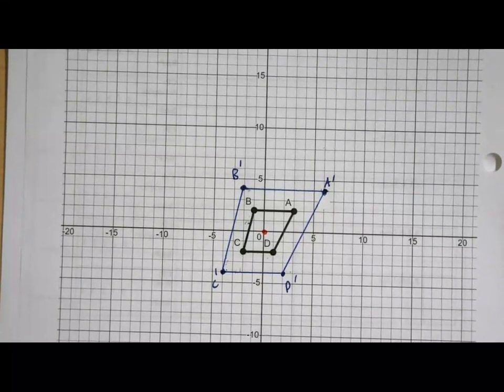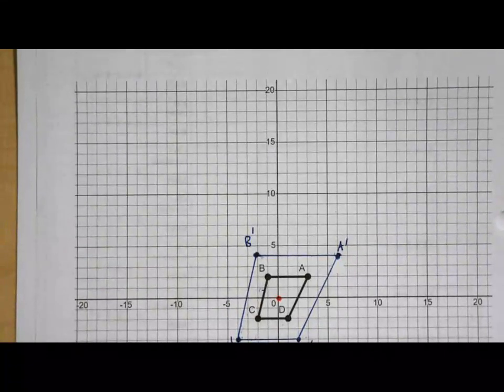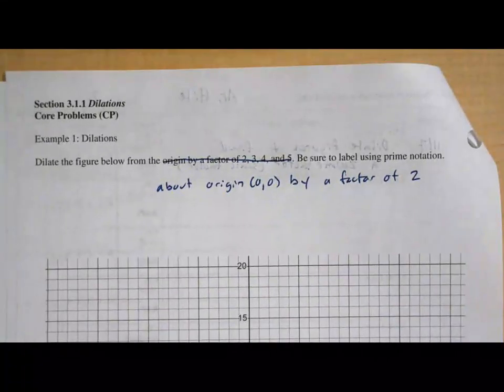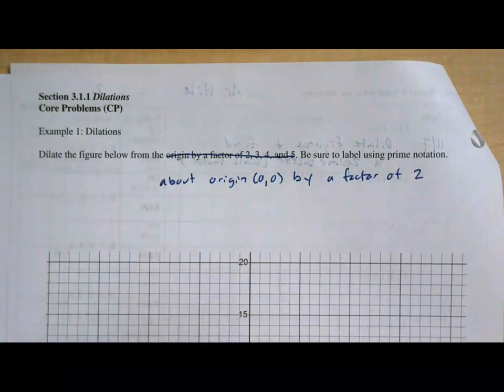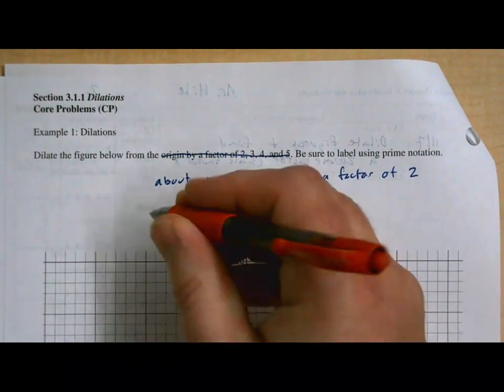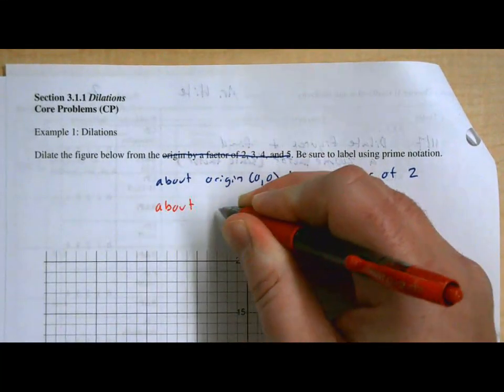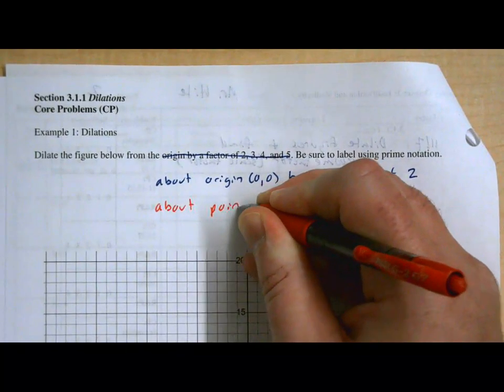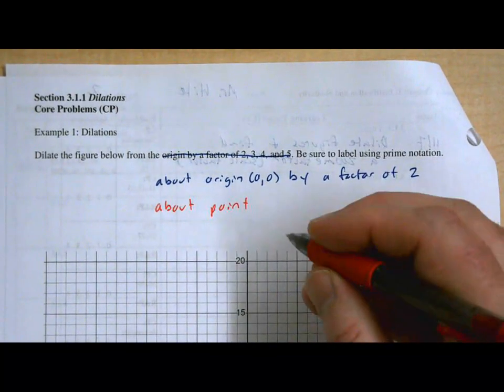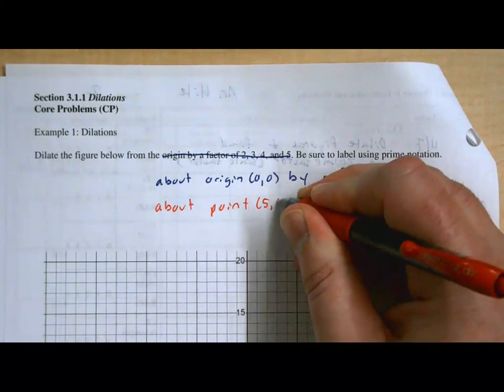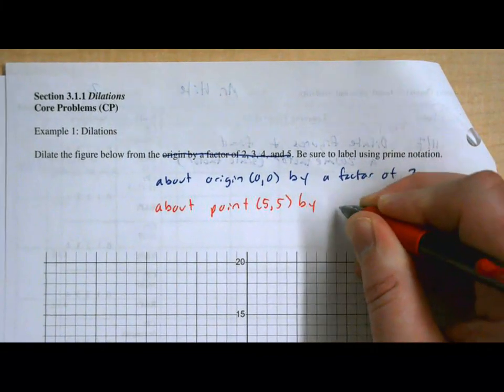So we're going to do one more dilation with a factor of 2. I'm going to do this in a different color, but you could do yours with dashed lines or something. Let's do about the point 5, 5 by a factor of 2.